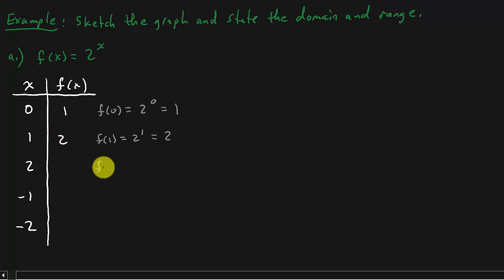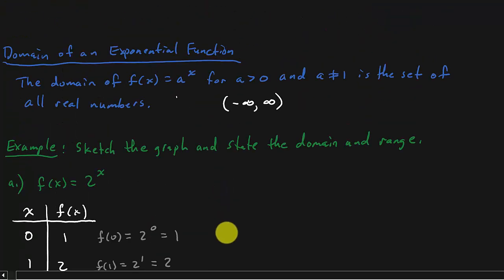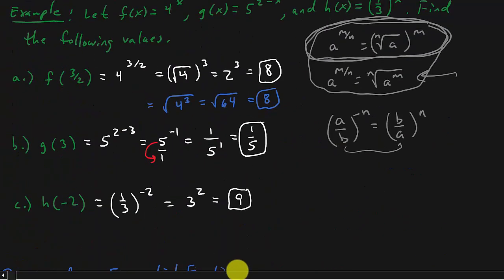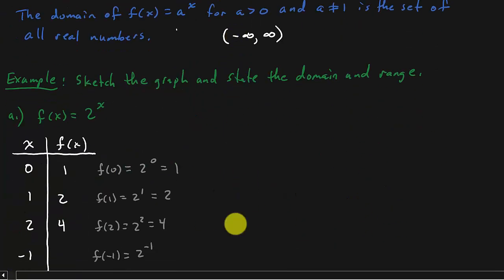And f of 2 is 2 squared, which equals 4. Then f of -1 is 2 to the -1. Remember, we did this with a negative exponent, right here. We've got to move it down to the denominator.